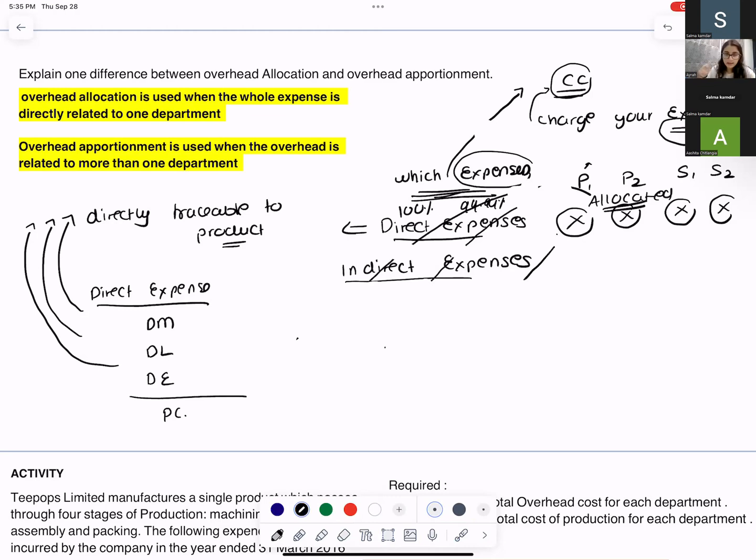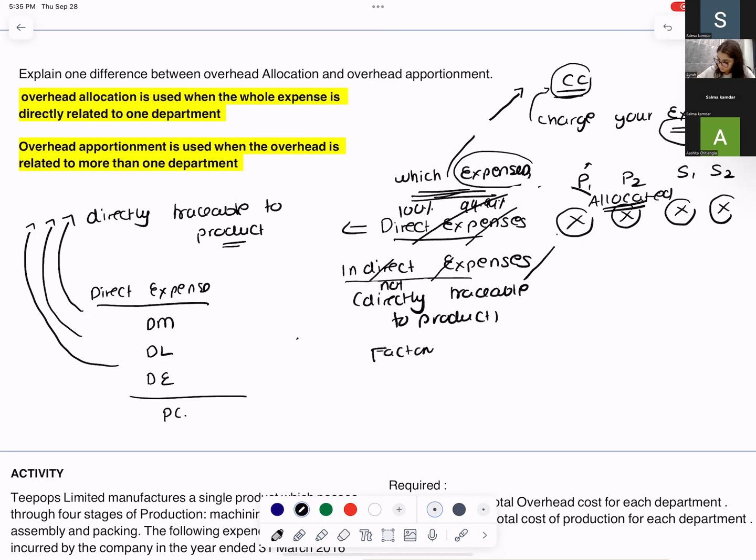Expenses that are not directly traceable to the product. In a manufacturing concern, this will be called what? Factory overheads.